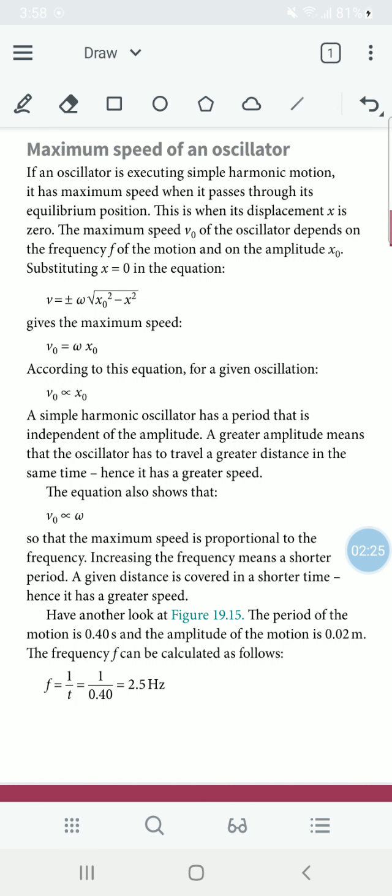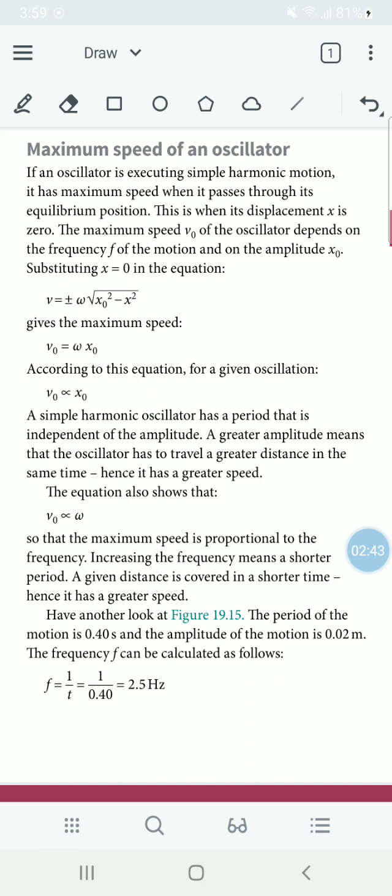Maximum speed of an oscillator. If an oscillator is executing simple harmonic motion, it has maximum speed when it passes through its equilibrium position, which we have mentioned many times during the lesson. This is when its displacement x is 0.